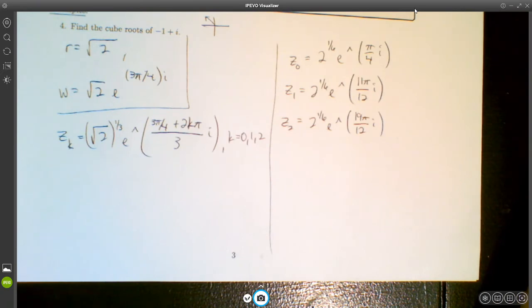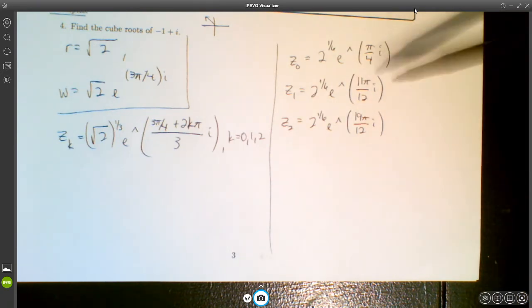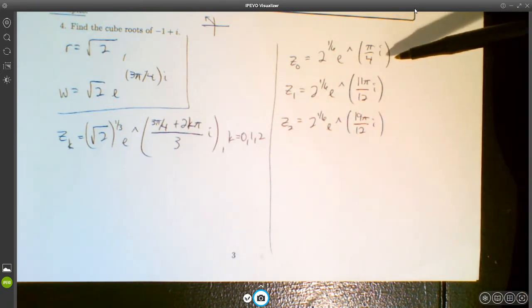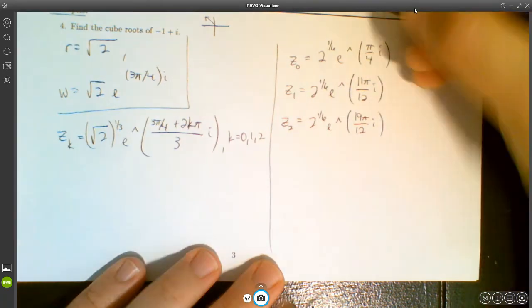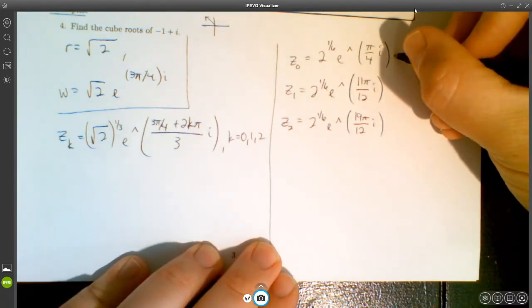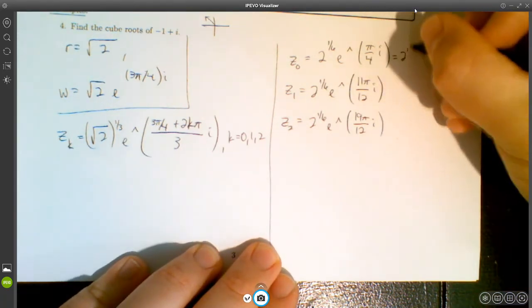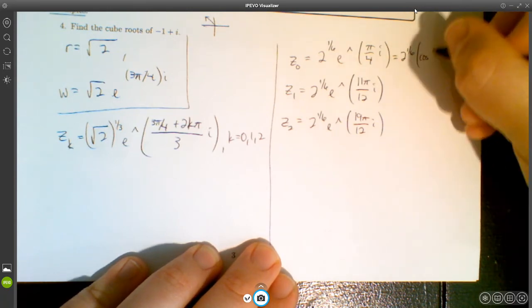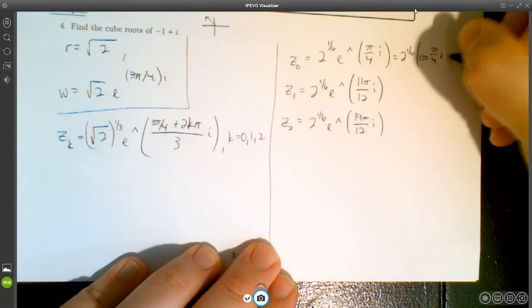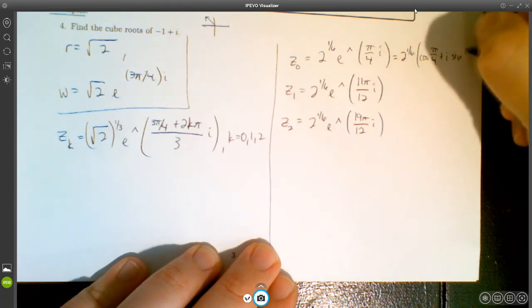Now, if you're like me, this isn't very satisfying. You want to get some sense for what these numbers are in rectangular form. So let's put them in rectangular form, right? In rectangular form, this would be 2 to the 1/6 times cosine pi over 4 plus I times sine of pi over 4.